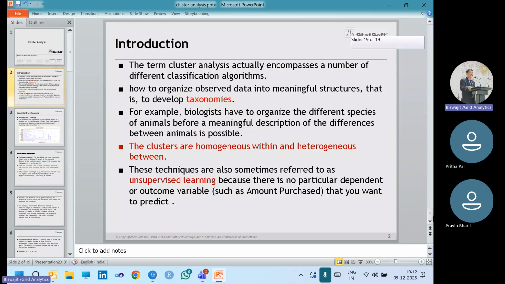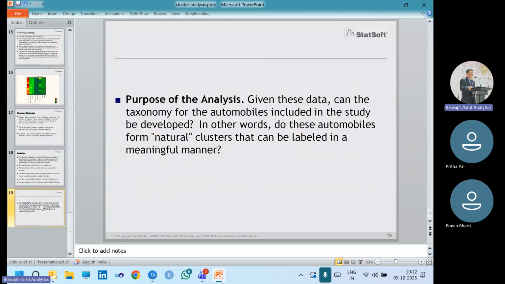And as we said, one of the main purposes of the analysis, given this data, can be a taxonomy for the automobiles included in the study to be developed, right? And also this popular unsupervised machine learning algorithm is widely used to solve one of the very critical applications called market segmentation, right?